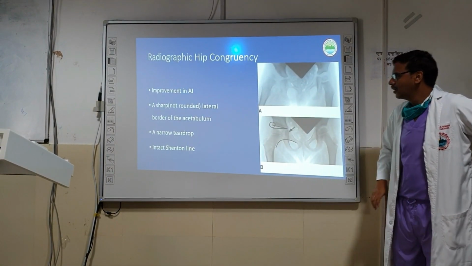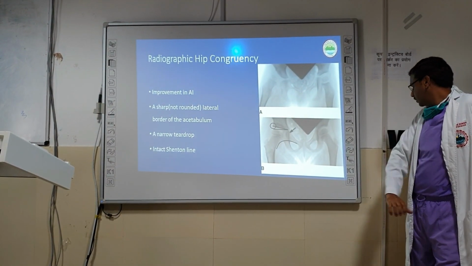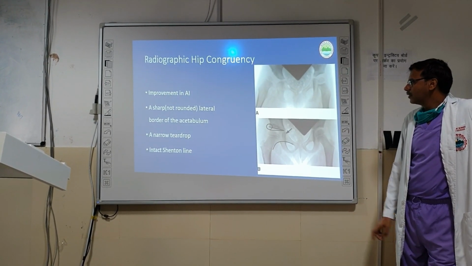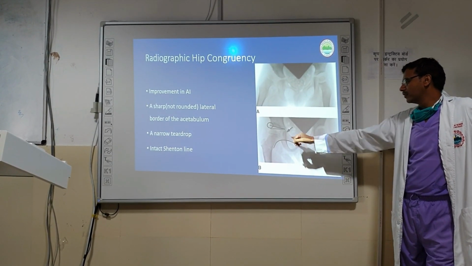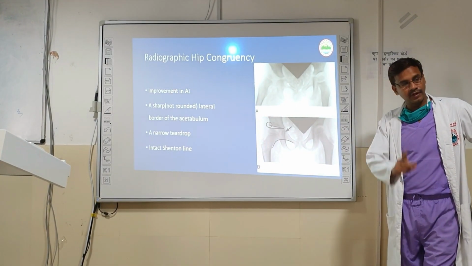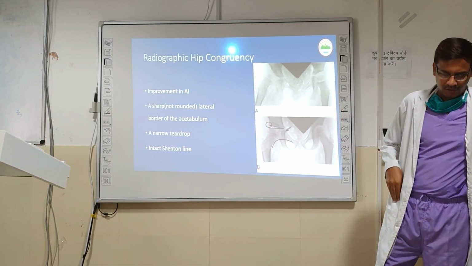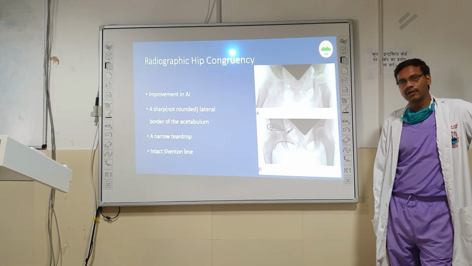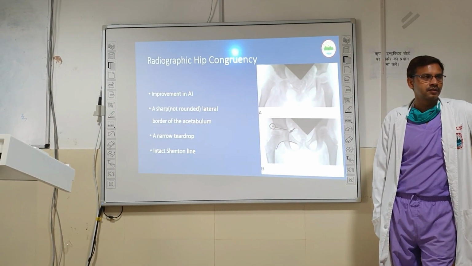Okay. Now the next point is you have to look for the teardrop. This is a teardrop, and teardrop is very important. I think you must have been told about the importance of teardrop in acetabular fractures.